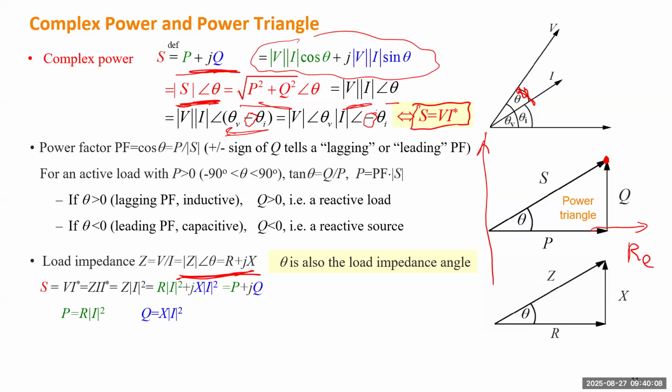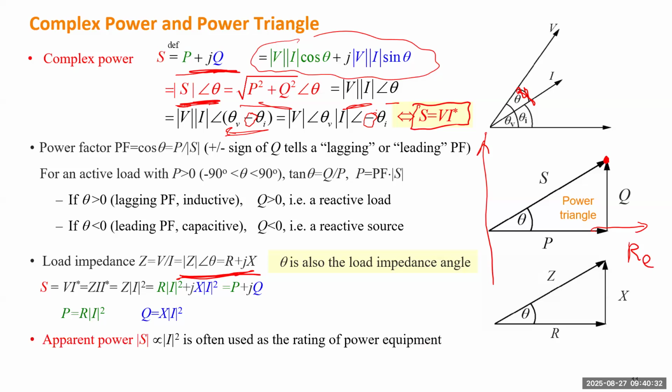The first item will be P, the second item will be Q. So if you know the current, its squared value multiplied by R or X will give you P and Q. Those are the formulas you can utilize, and they could be useful in your homework.